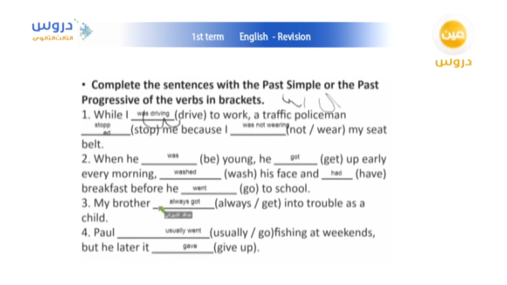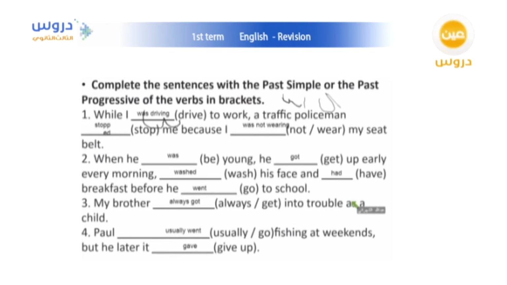In question 2, why did we put got? Okay, good question. Because here we are talking about the past simple and the past continuous, and here we answered this by the past simple. The past simple of get is got.